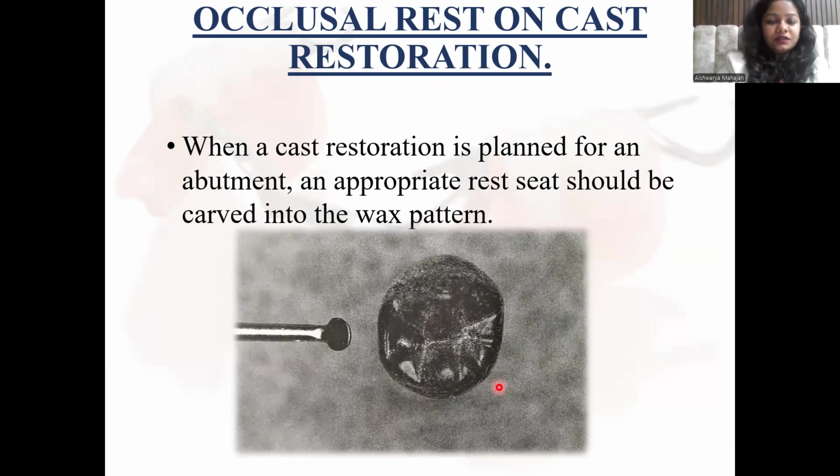Here, in the wax pattern itself, we carve out the occlusal rest in the same manner as we have discussed earlier, and then the cast restoration is cast and cemented on the abutment tooth, and a metal framework can be fit on this occlusal rest seat.